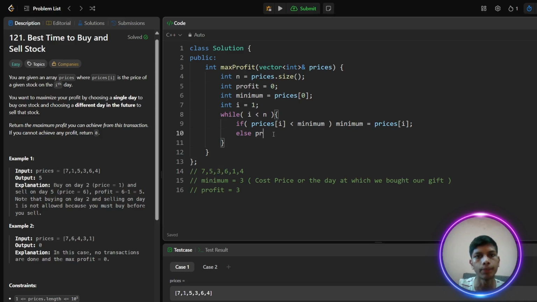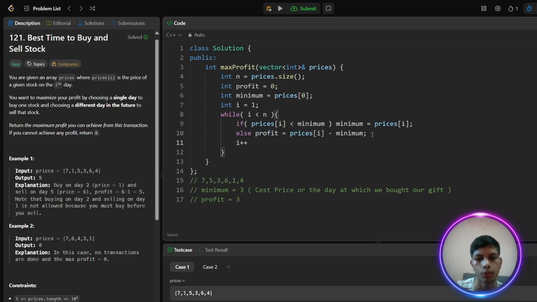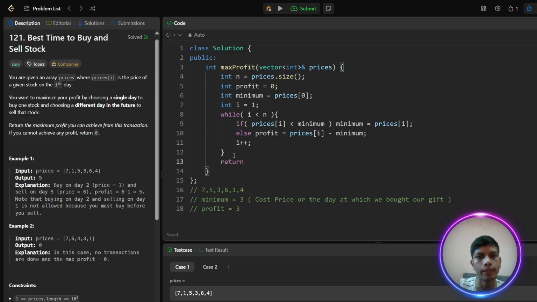So profit equal to, what will the profit be? Price of i minus my minimum. This will be the profit, obviously. Now what will I do? Simply I will increment my i to run the loop, and we will see the magic here.